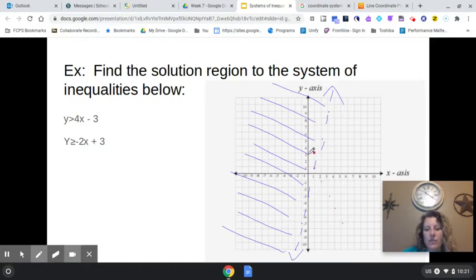I could also move up 2 and to the left 1. Okay, thinking about how I should connect those points, I see a greater than or equal to sign. So this time I do want to include the points that are on the line, so I'm going to connect with a solid line. And thinking about the shading, it's greater than or equal to, and we shade above.